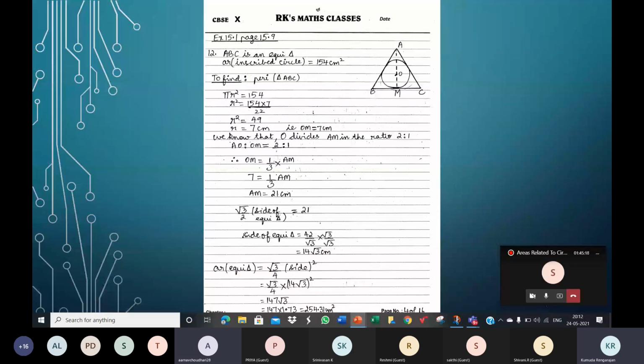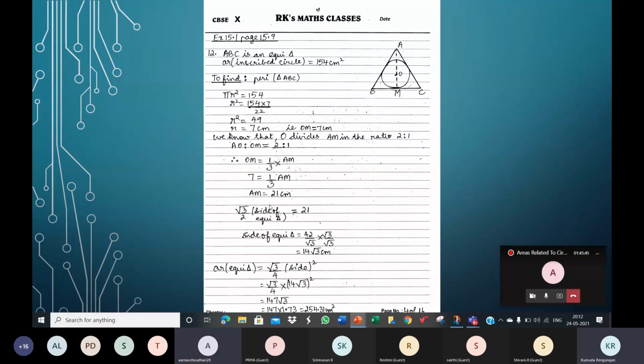Ma'am, how did it come? OM is equal to 1/3 into AM? What I did was AO to OM is 2:1, right? Yes, ma'am. Now what is AO if you call AO as 2x and OM as 1x?